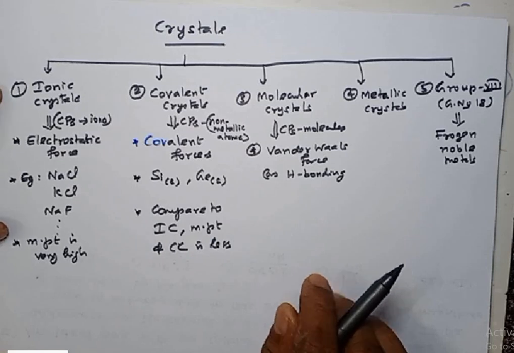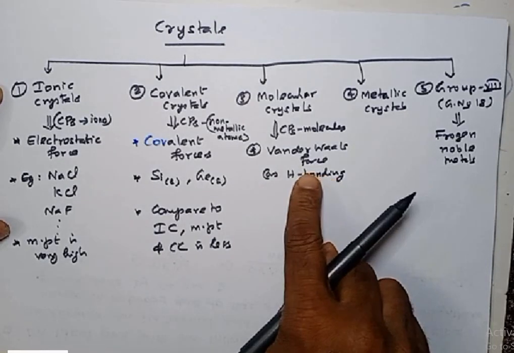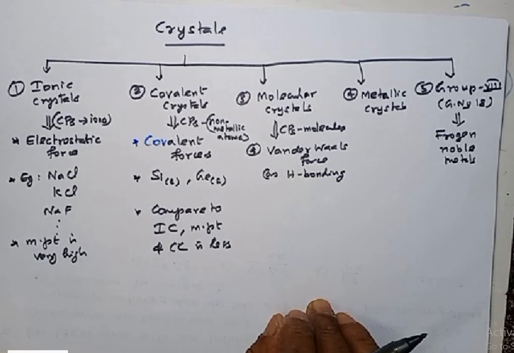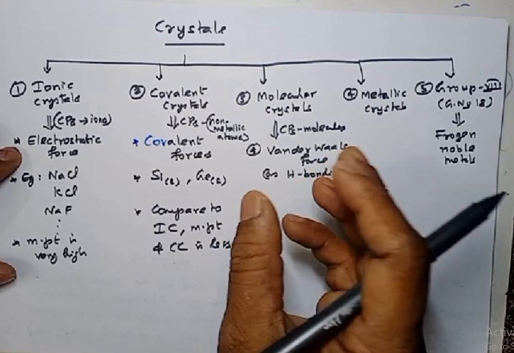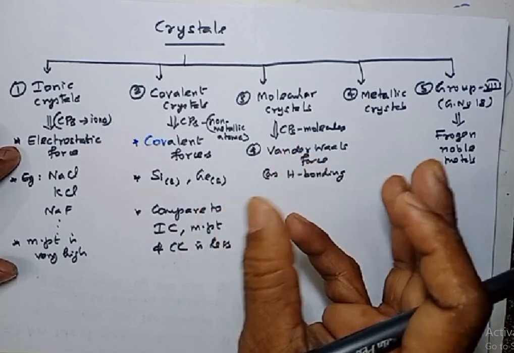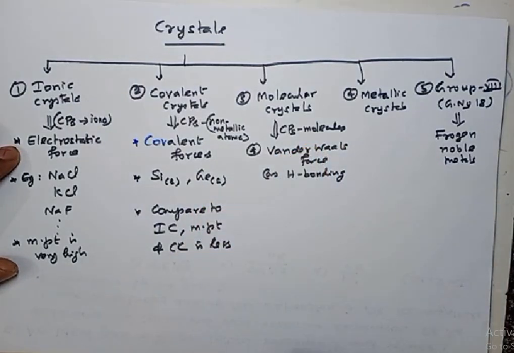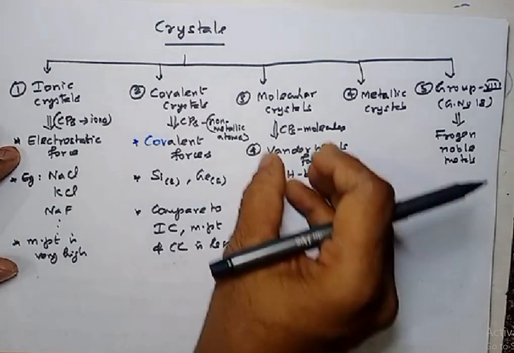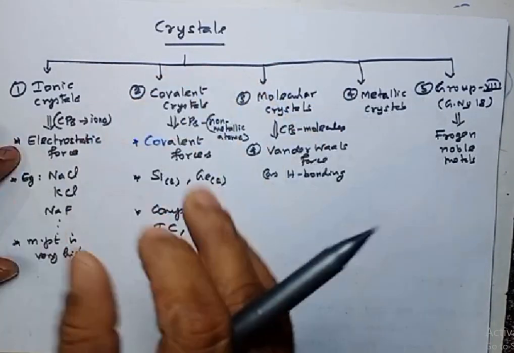For example, in the case of ice, water molecules are held together by means of hydrogen bonding. And we have other solids like iodine. In iodine crystals, iodine molecules are held together by weak van der Waals forces. These are all examples of molecular crystals.